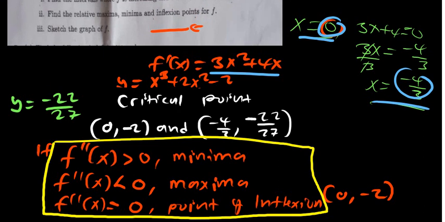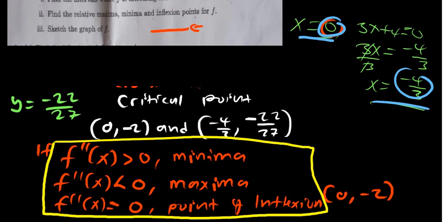Let's do this. I want us to find now the second derivative. The first derivative we found was f prime of x. What was our first derivative? I've even forgotten. It was 3x squared plus 4x, right?